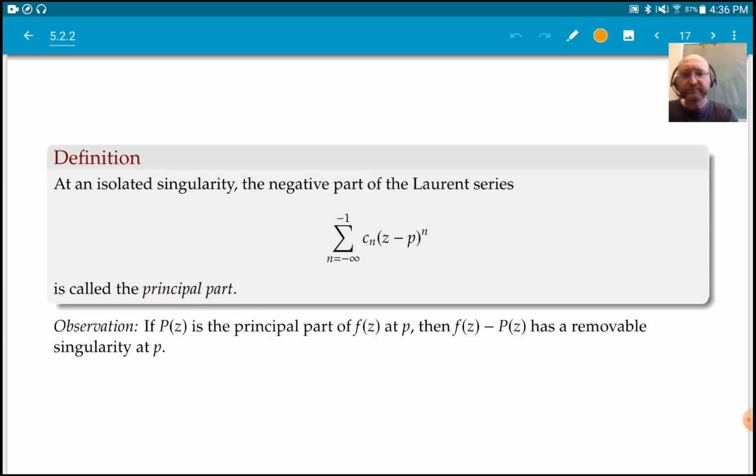And it's just maybe an observation: if you knew the principal part, and you subtract it from f, then that has a removable singularity. That's what the principal part is.